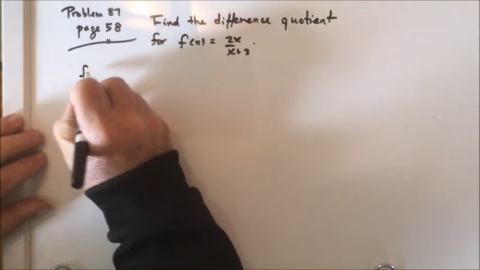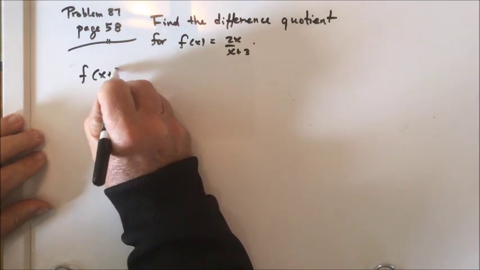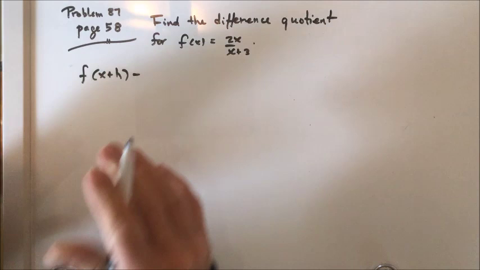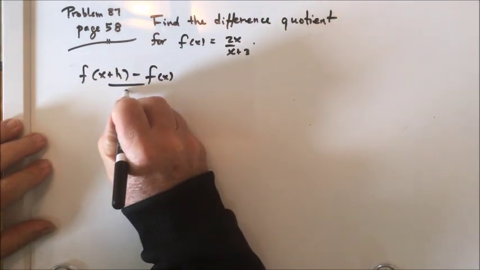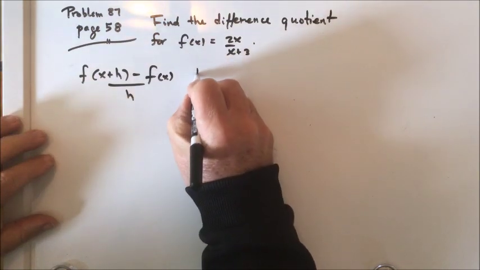And here's what you do. The difference quotient is defined to be the quantity f of x plus h minus f of x, divided by h. That's the difference quotient.